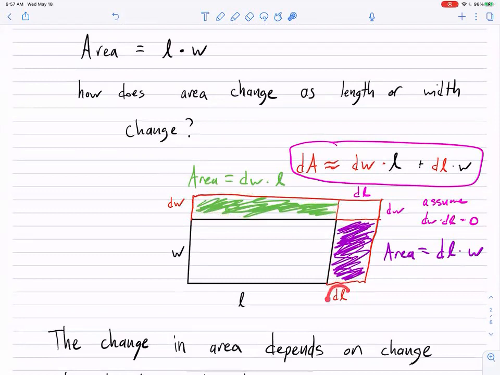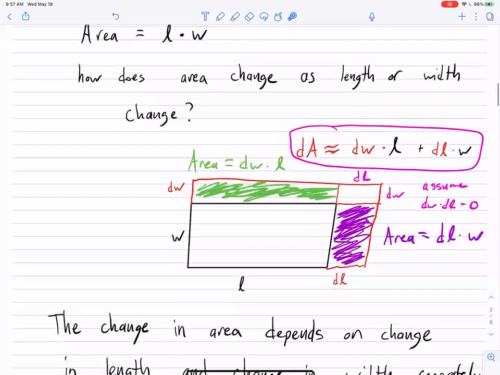By the way, dW and dL mean small change in width and small change in L, and dA means small change in A. We're assuming dL and dW are small enough that this little corner rectangle is negligible. So the change in area is roughly equal to the change in W times the length plus the change in length times the width.